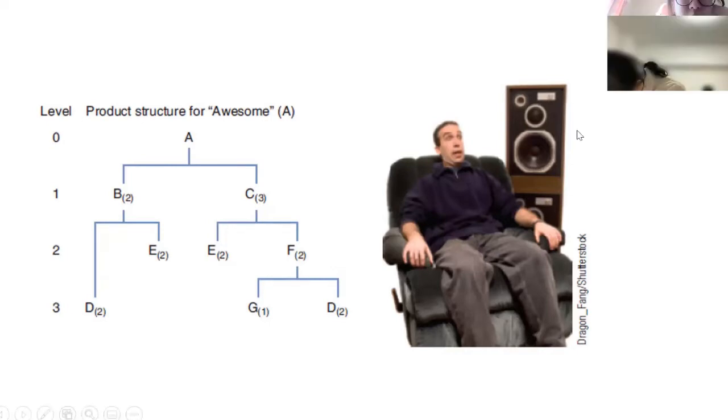This is the product structure for A. This is level 0, which is the parent. The parent product is A, the final product. It consists of 2B, that's why there's the number 2 here, and number 3 here. Can you see? Oh, okay.